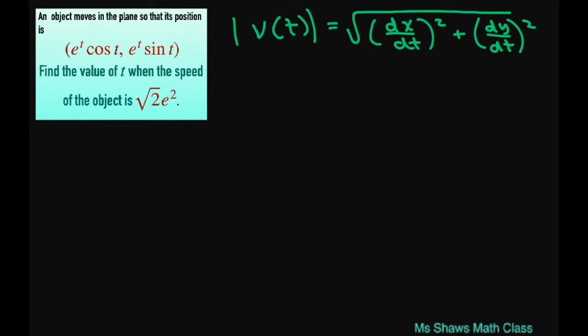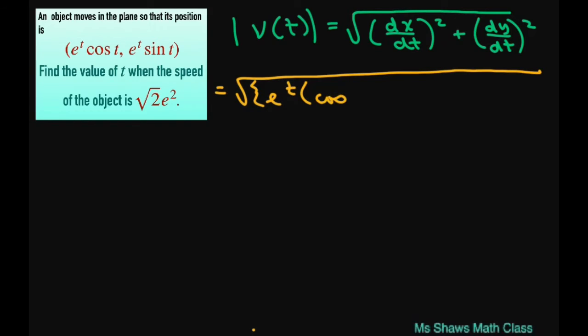All right, so let's write that out. That's going to give us the square root, and we're just using substitution now, e to the power of t times cosine of t minus sine of t, squared, and then we do it again with the other one, plus e to the power of t sine of t plus cosine of t, and then that's all going to be squared.